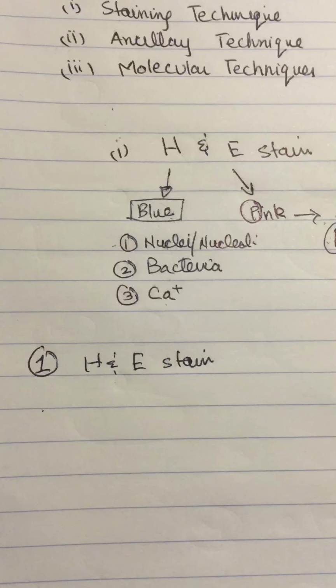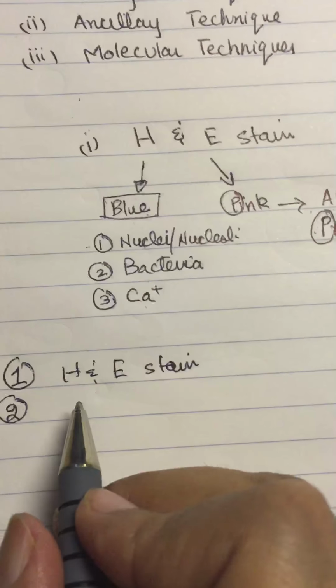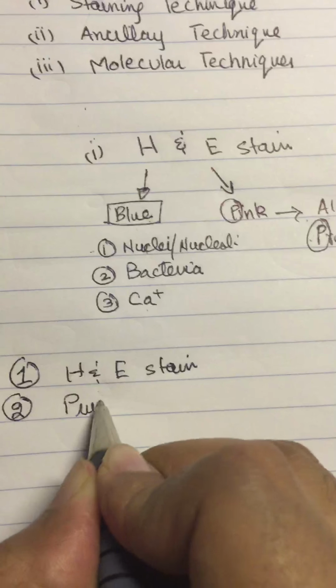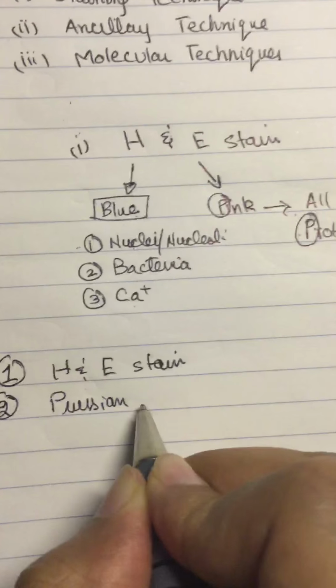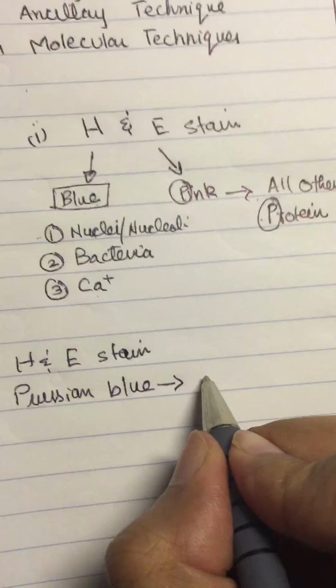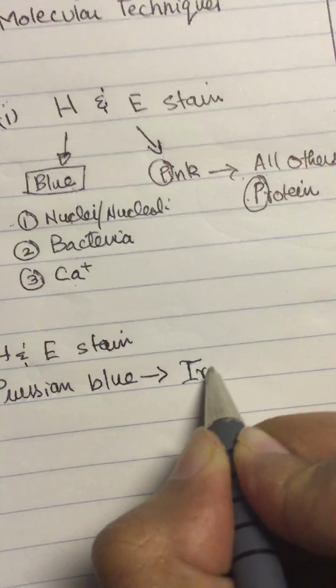The other stains that we are going to use are the Prussian blue stain, and it's going to stain iron in our cells.